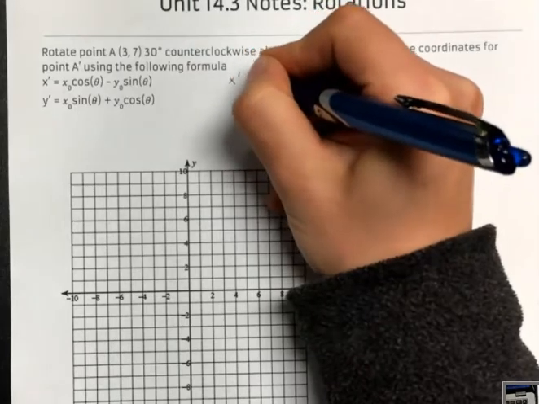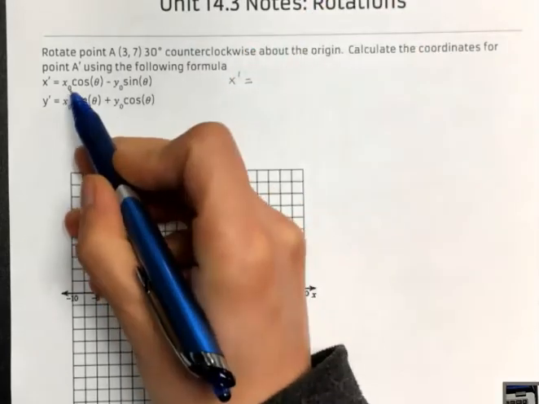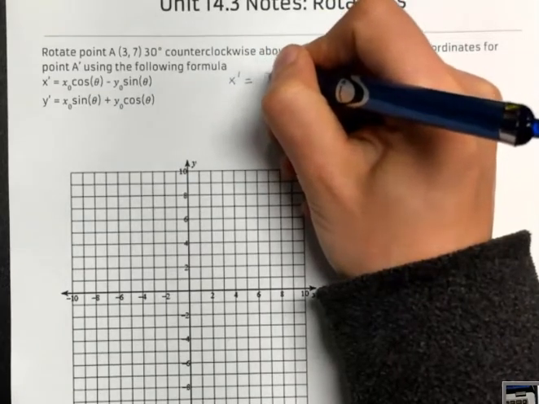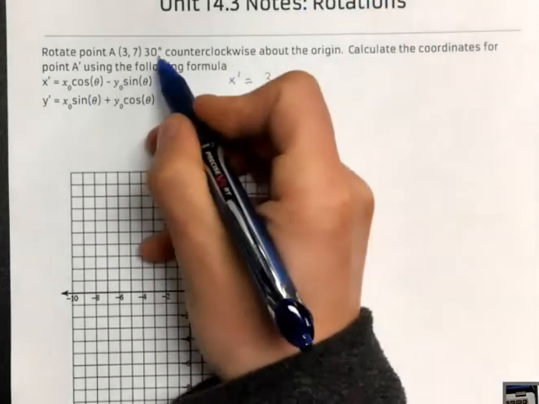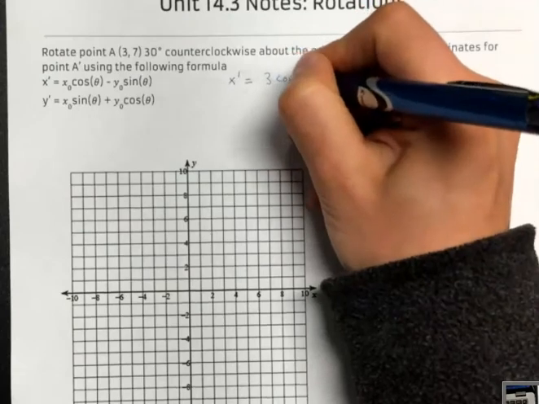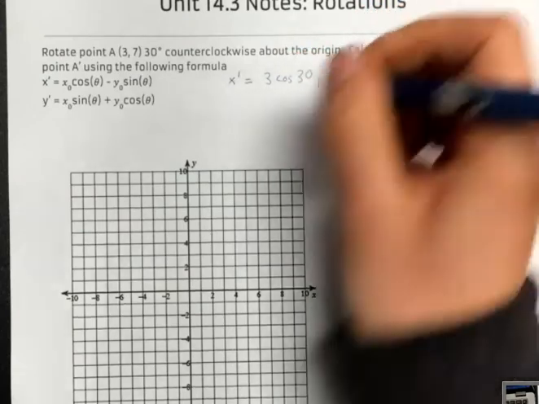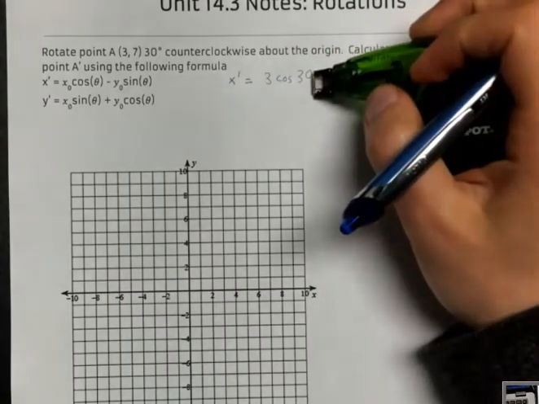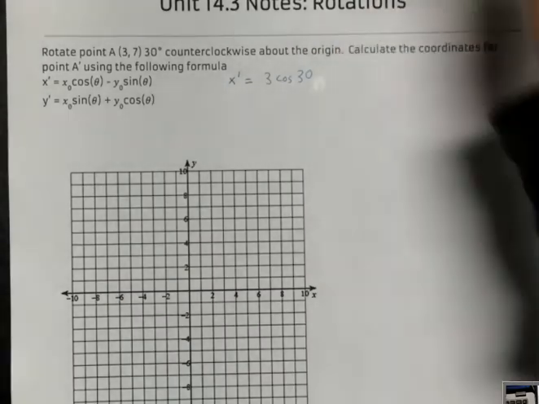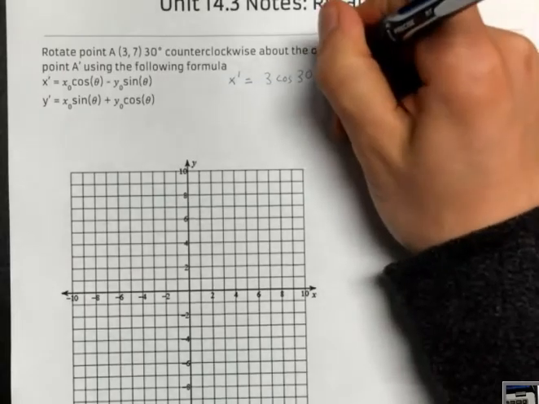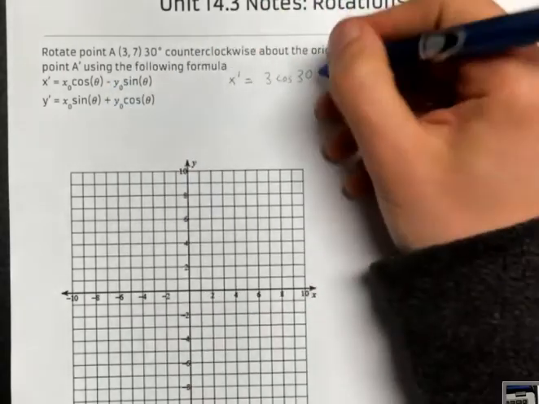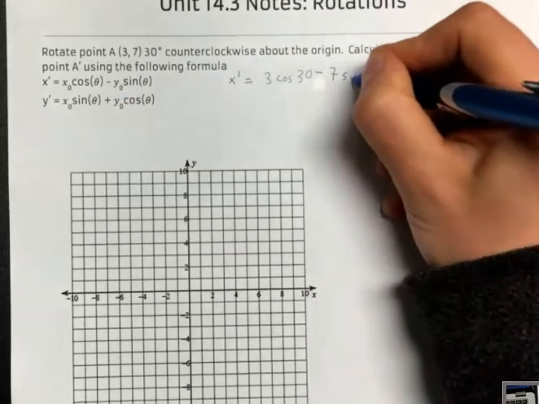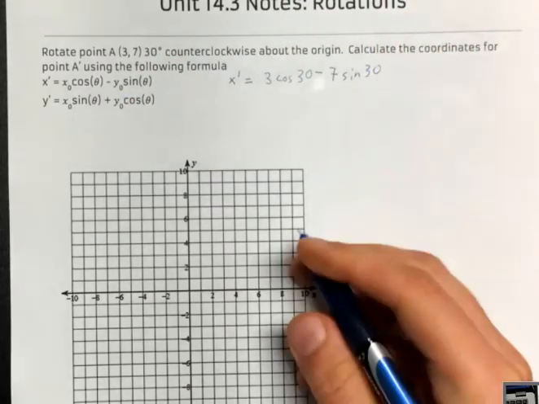So my x prime is going to equal my original x, which was 3, cosine my angle, cosine 30, minus my original y, which was 7, sine my angle, sine 30.